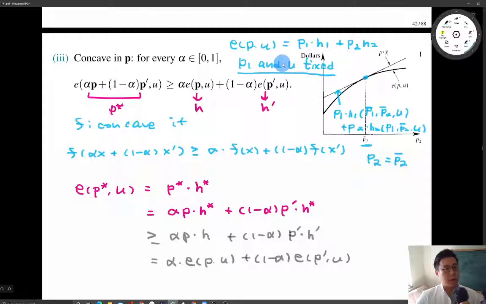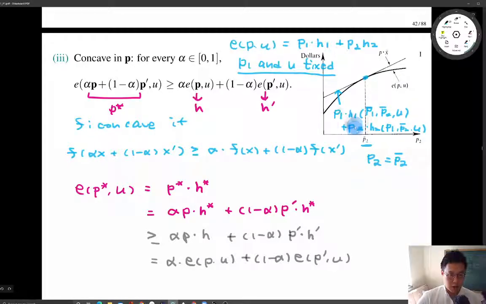Because we already fixed P1 and U, this is a constant. So this is a linear equation.